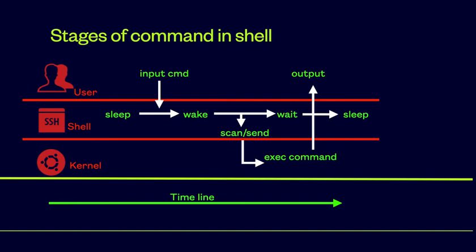It does the path evaluation, checks the arguments, evaluates any variables, and then sends them to the kernel at the bottom, where the command is executed. Until then, the shell keeps on waiting, and when the command is executed, the output is displayed to the user space again.